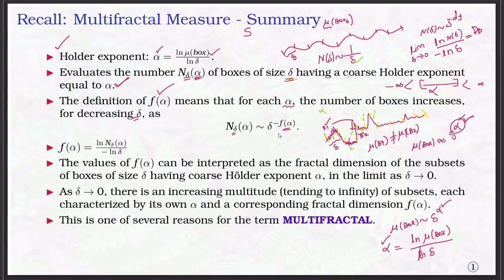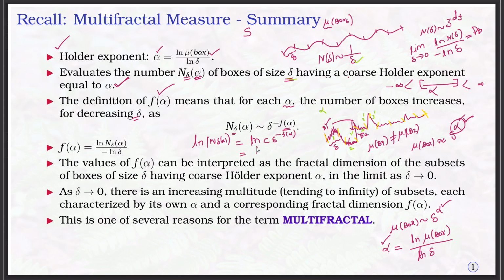Then again here one can calculate by applying ln: ln of n delta of alpha equals some logarithmic constant, ln of c times delta power minus f of alpha.